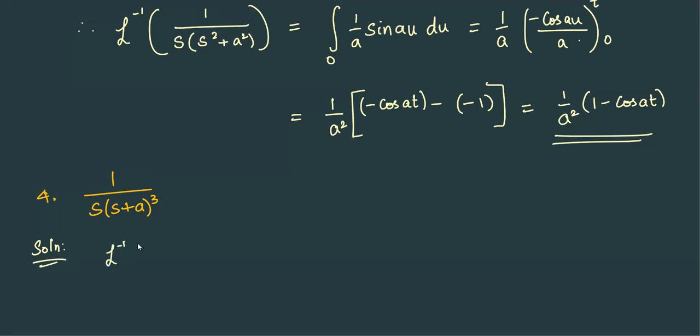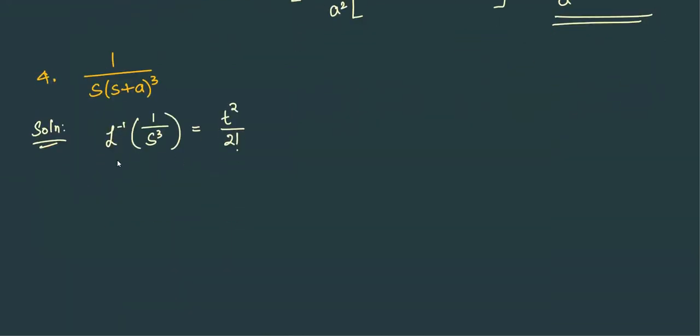So Laplace inverse of 1 by s cube is t power 3 minus 1, that is 2 by 2 factorial, that is t square upon 2. So suppose I have s plus a, that is s minus of minus a.